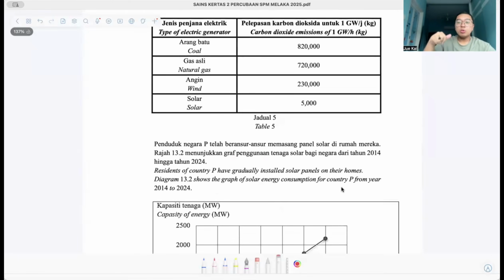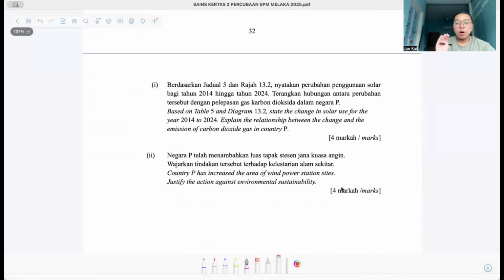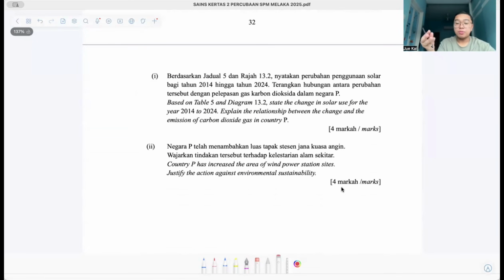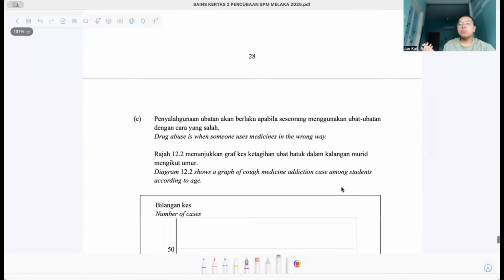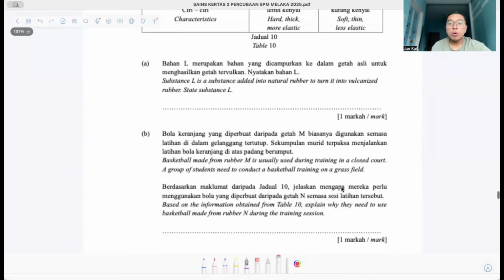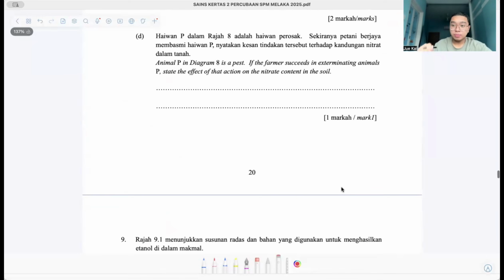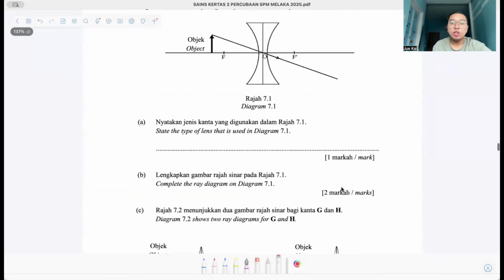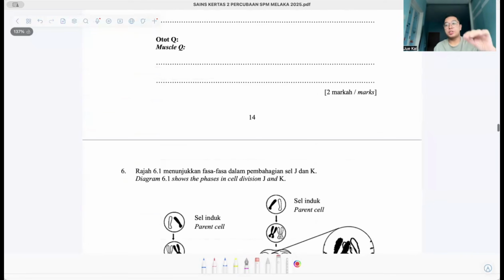You can even use MV, RV, CV to answer the question. For example, how to control the manipulated variable, use different something. Clear or no? That's why I always emphasize to everybody, you need to memorize MV, RV, CV. I don't care what's happening. MV, RV, CV is really important, especially for experiment questions.